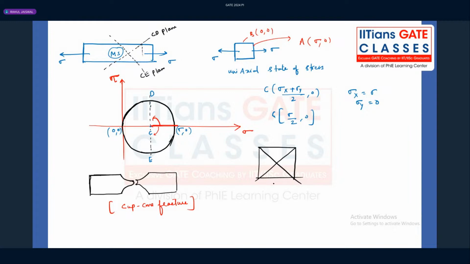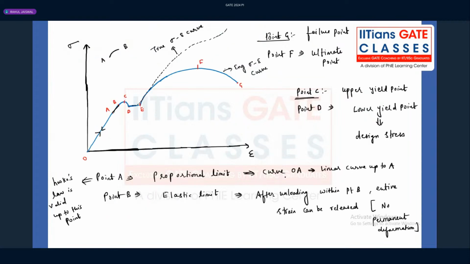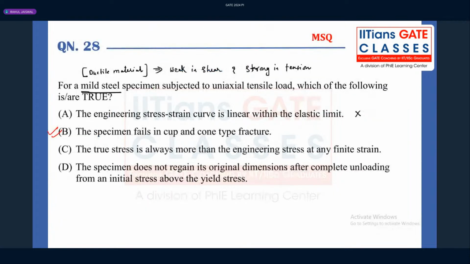So what is the relationship between true stress and engineering stress? All of you might have studied in metal forming, guys. True stress will be engineering stress times (1 plus engineering strain), right, guys? This is valid for tensile loading only. So statement C is also correct.